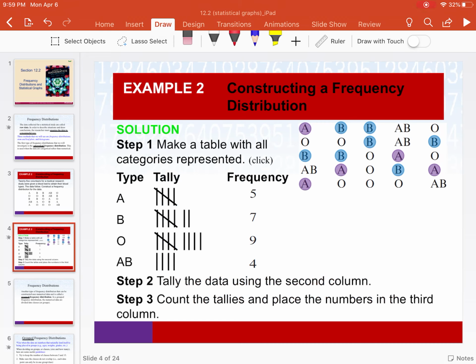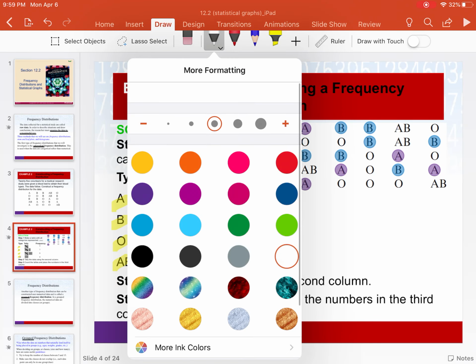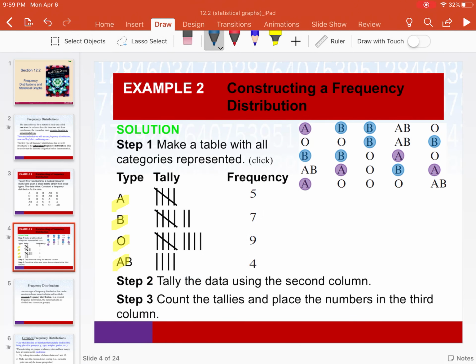So basically you just set up the blood type. You've got A, B, O, and AB, and you just simply draw tally marks. Maybe you have another researcher, they just start calling it out, and you just mark it as you go. And you actually do the sideways, the diagonal bar for the 5.